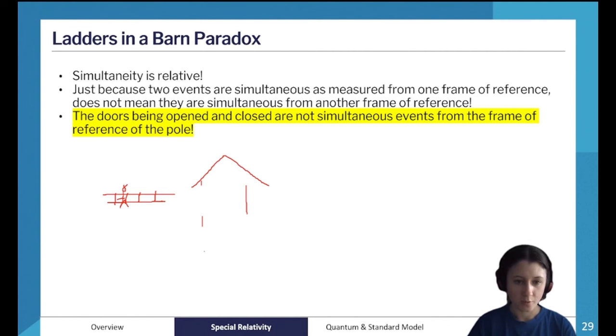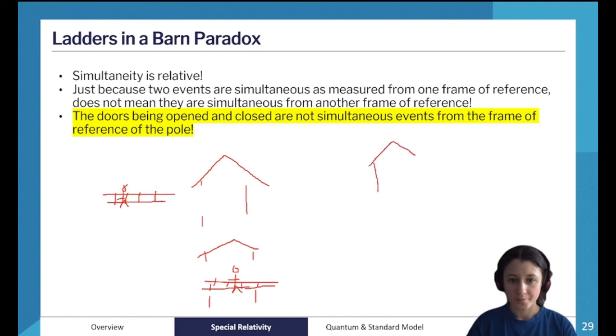Then there's a point where both doors are open and she's in the middle. All right. And then there's another point where she's run through most of it. And the back door is open. And that's when she is just running through this last bit here.